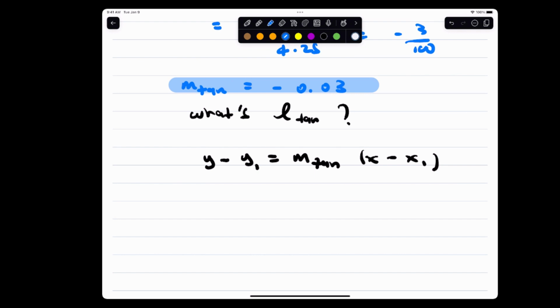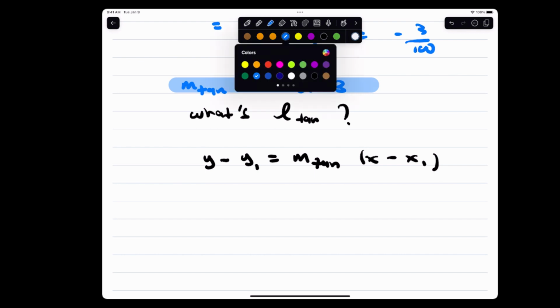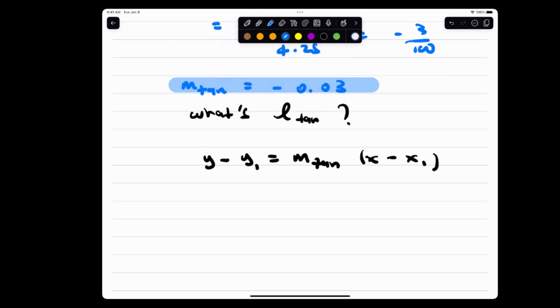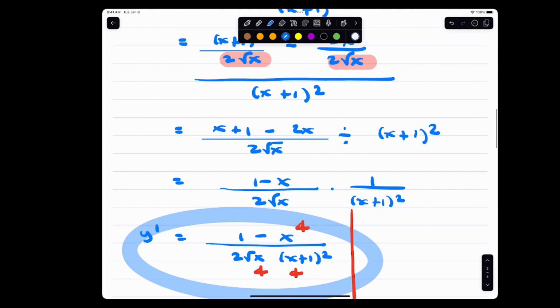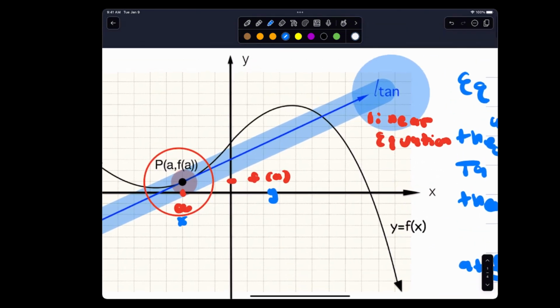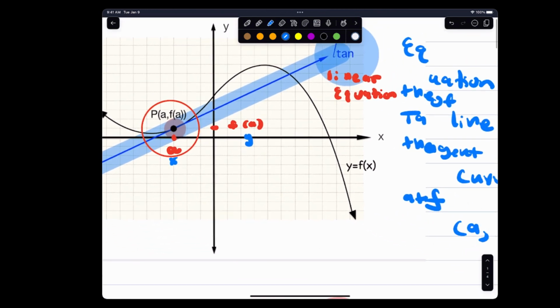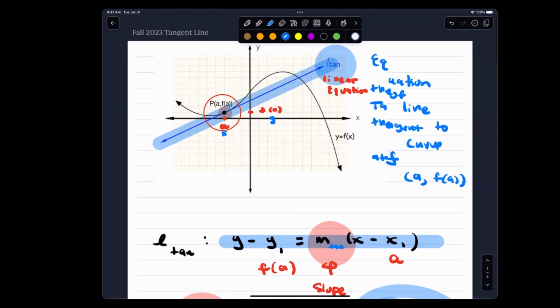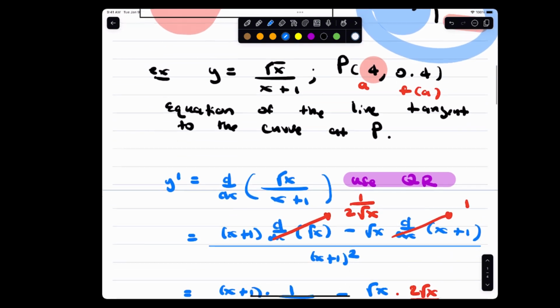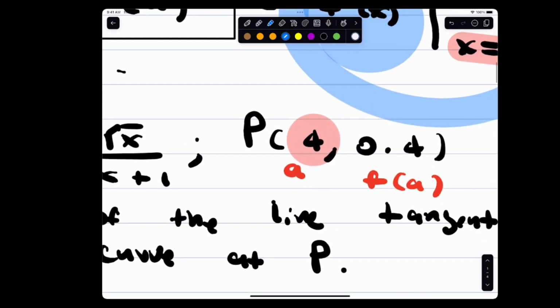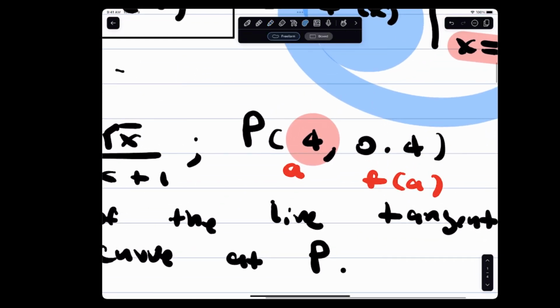If you have a point and we just got m tangent, we can find the equation of the line. Geometrically speaking, this is the tangent line, a linear equation. We do have a and f of a. What they gave us is right over here: it's 4 and 0.4.